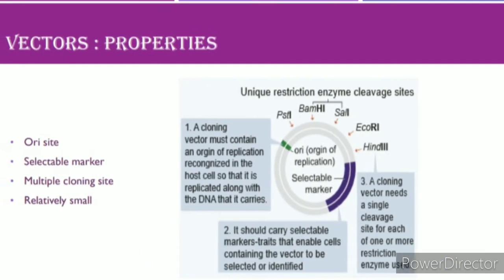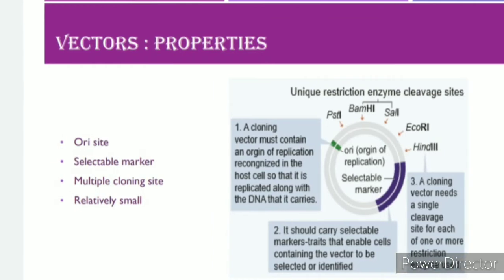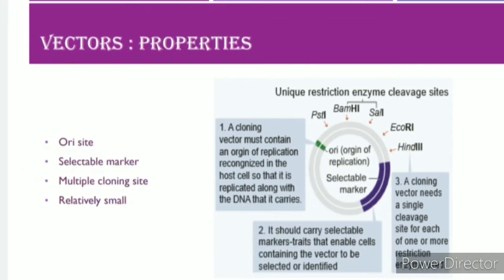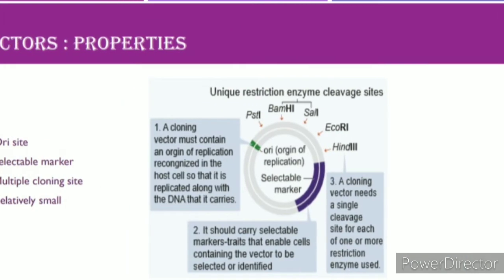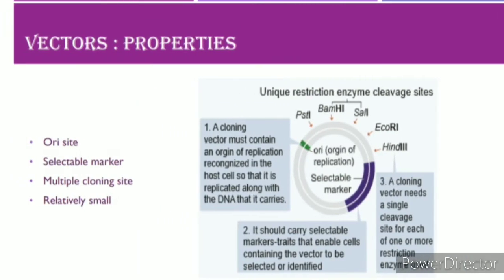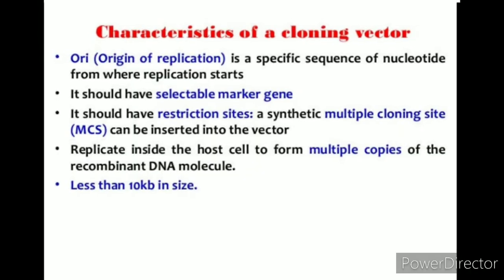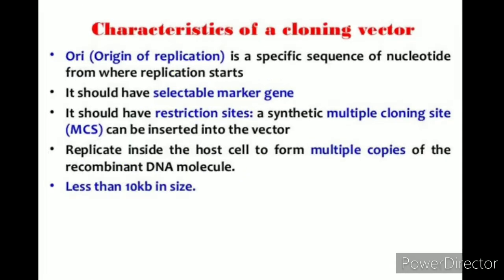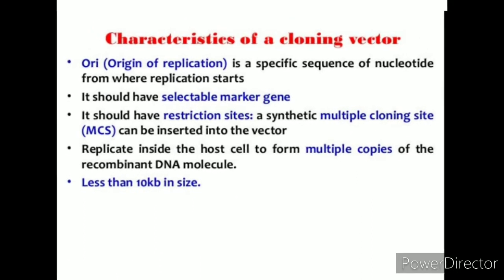A vector should have a unique target site for integration with the DNA insert. Most of the commonly used cloning vectors have more than one restriction site. These are the multiple cloning sites or polylinker. Presence of a multiple cloning site facilitates the use of the restriction enzyme of choice.